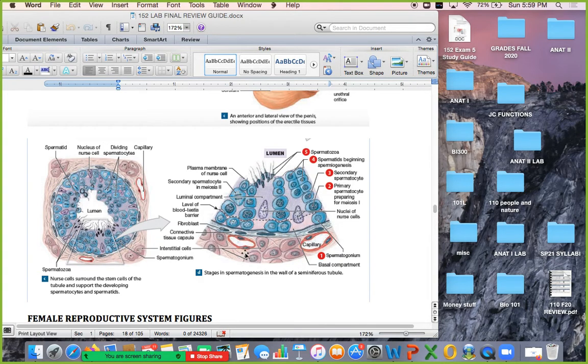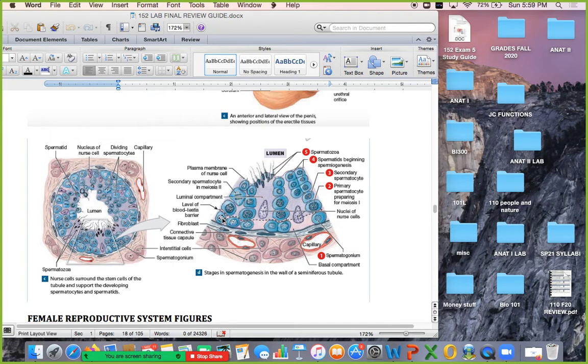Again, we're showing kind of the same thing here, but a little bit more up close. So here is the tissue capsule around the outside. It's a fibroblast layer. And then inside there, these are the nurse cells. These nurse cells are going to help basically feed the developing cells. Here we have the blood-testis barrier, which is going to go right there as well.